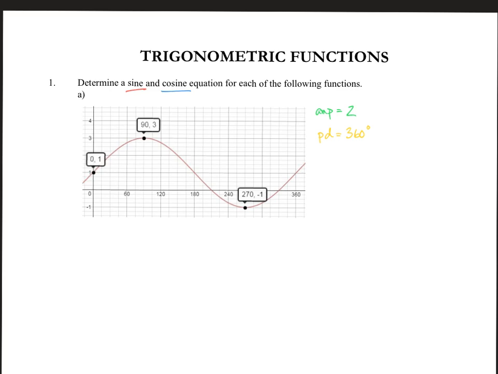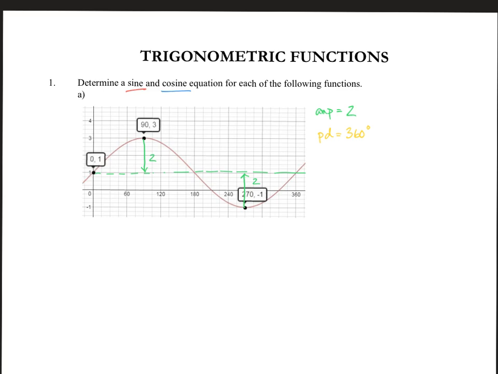The next thing I think you would want to look for is, where is the middle of your graph? If we take a look at this curve and notice that our amplitude is 2, then if we come down 2 from the top of our curve or up 2 from the bottom of our curve, we have to arrive at the middle of our curve.